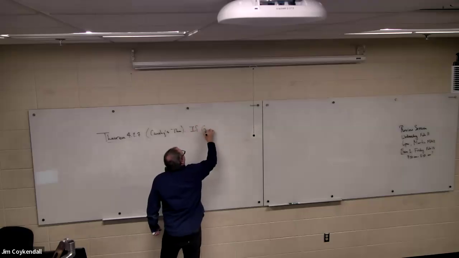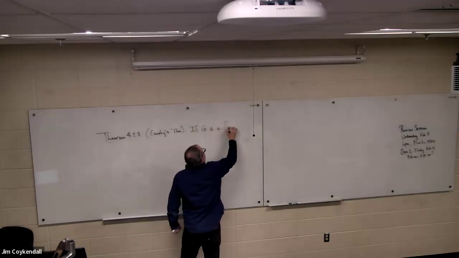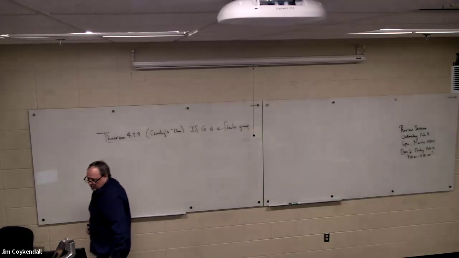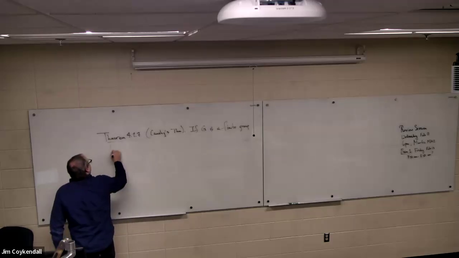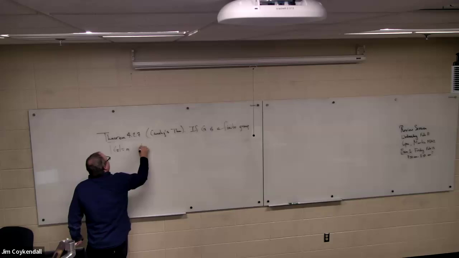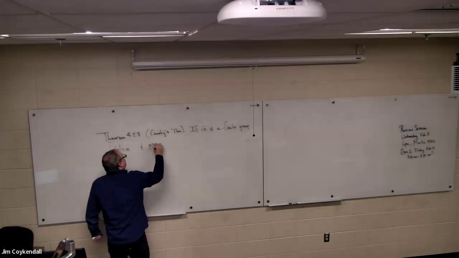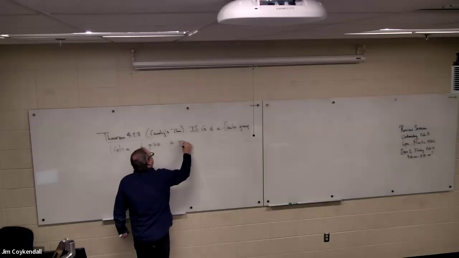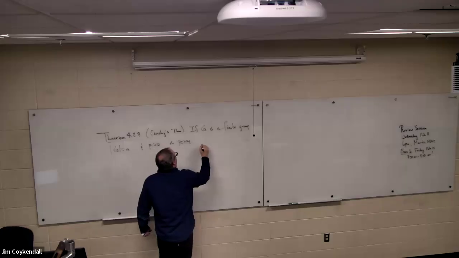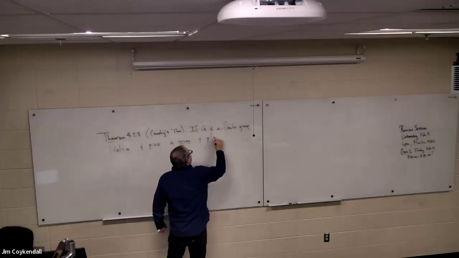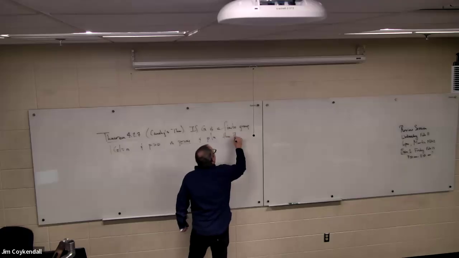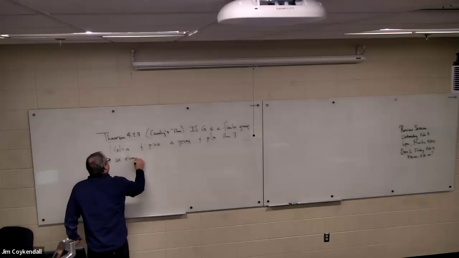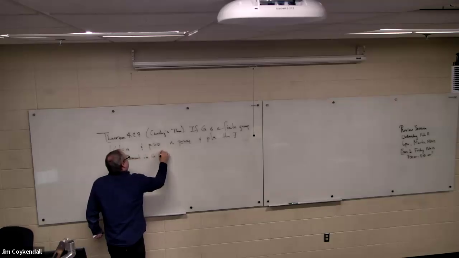If G is a finite group, and we'll say the order of G is equal to n, and p is prime, and p divides n, then there exists an element of G of order p.